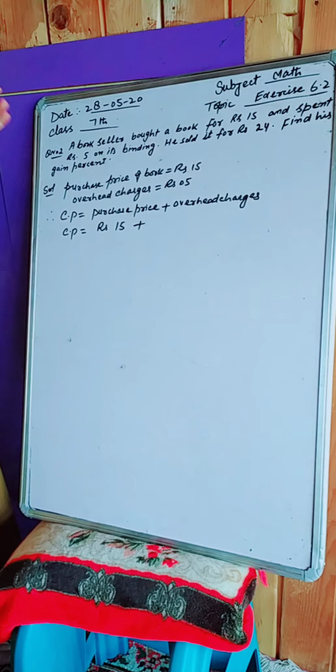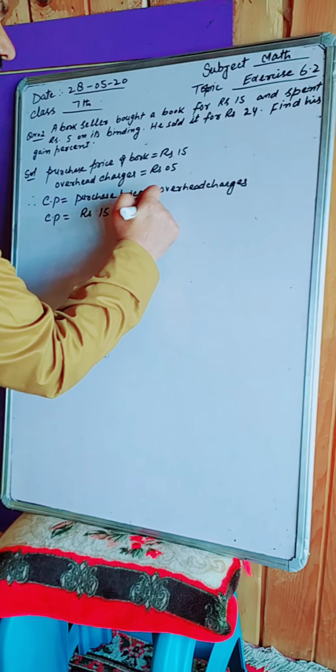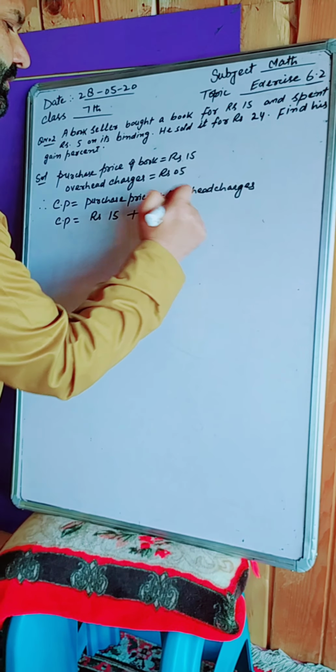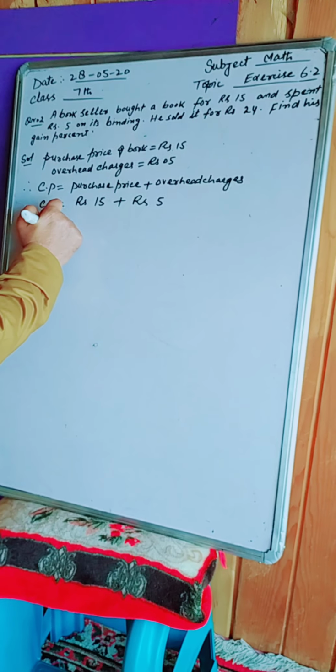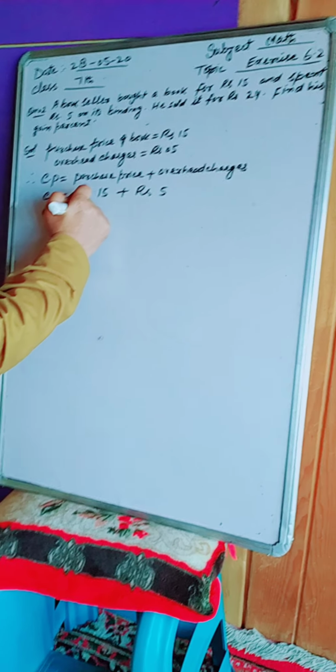He spent only Rs 5 for binding. That is called overhead charges, so plus Rs 5. CP is equal to 15 plus 5 is equal to Rs 20.